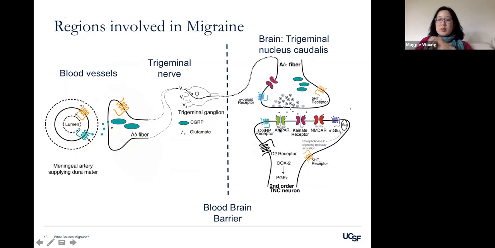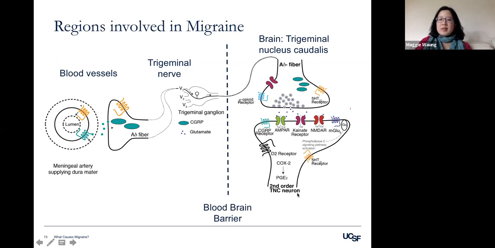This is just an expanded view. The imaging studies really highlight the importance of this brain region in migraines, but this also shows that this brain region is getting pain signals from outside of the brain, pain signals from the trigeminal nerve that also go to the blood vessels.